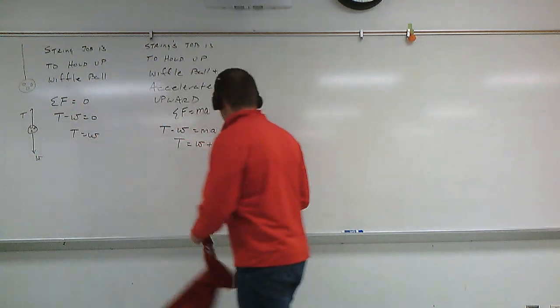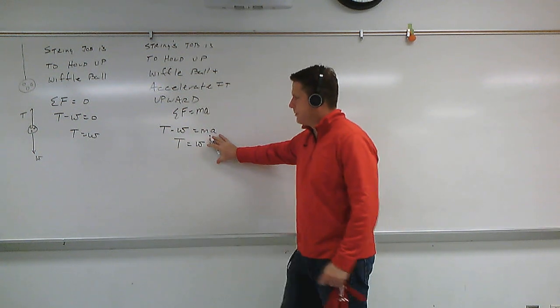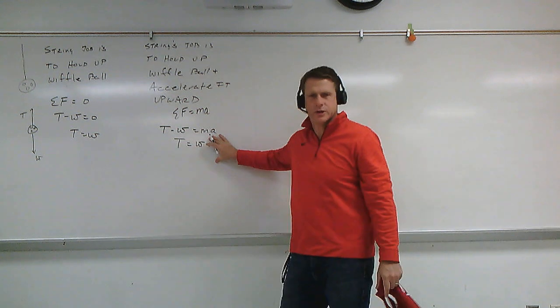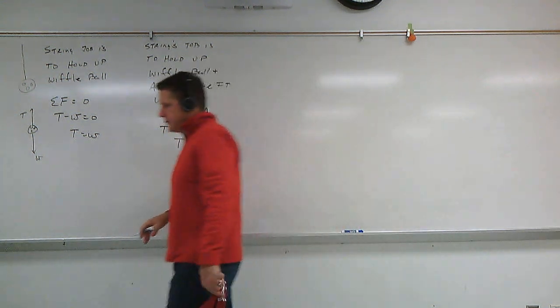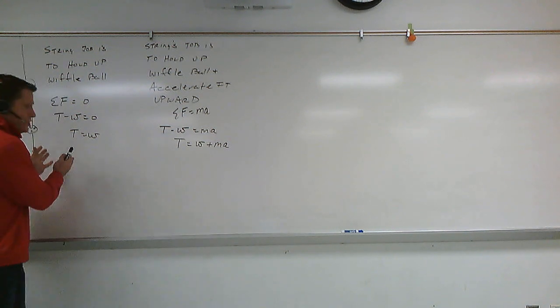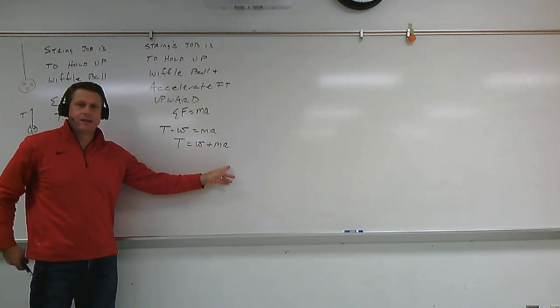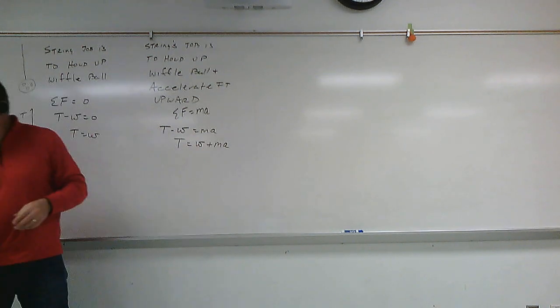If the a value is 0, then this term goes away, and lo and behold, I'm back to my first situation. So you can see that the tension has one job here, then it adds a second job. It balances the weight, then we have a little bit more to cause an acceleration.